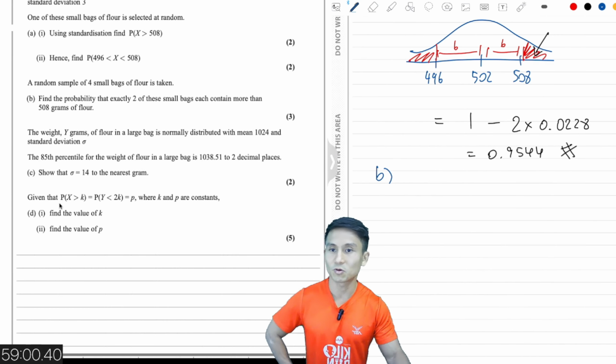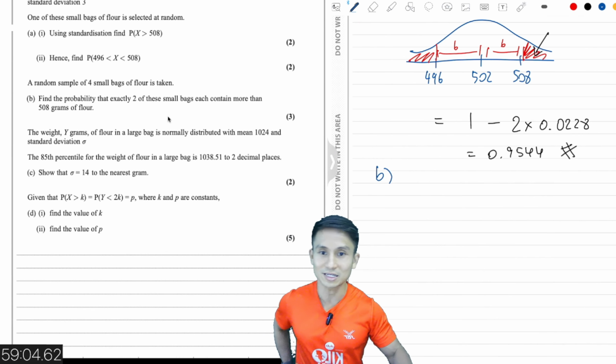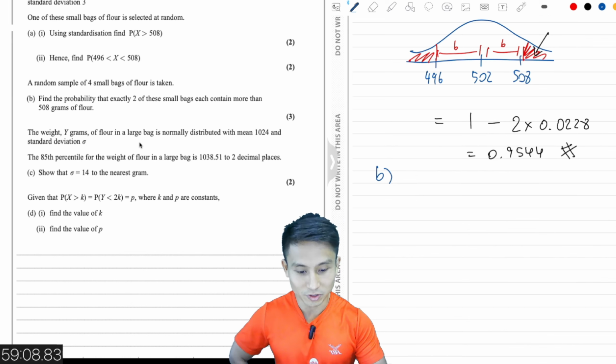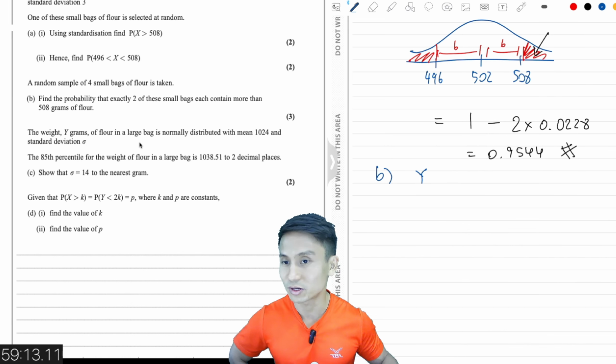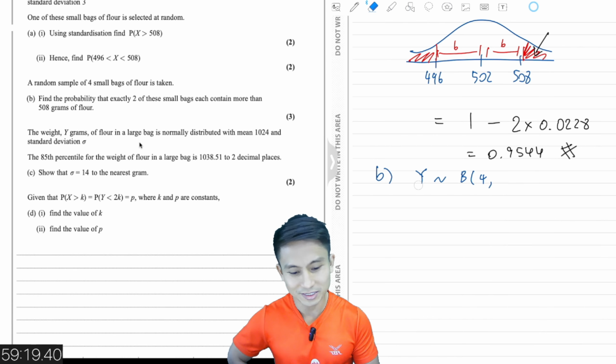A random sample of 4 small bags of flour is taken. Find the probability that exactly 2 of these small bags each contain more than. Okay, so binomial, right? So we're just going to do y now because they already used x. Binomial, 4 small bags. This is S2, sorry.